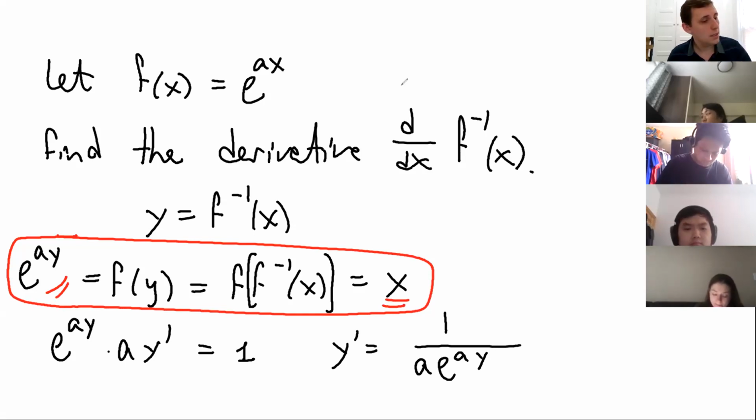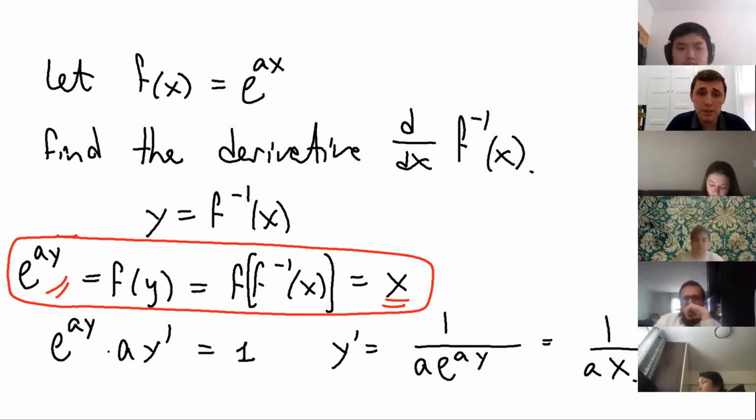So the answer for the derivative is 1 over ax. Understood? So this is using implicit differentiation, and in fact, very little thought, just understanding this type of thing.